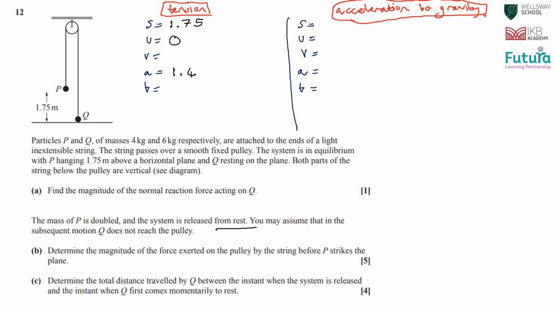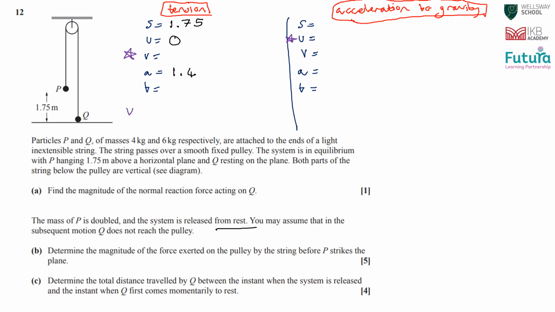We don't know the time taken, but we could work it out. The thing we really need to find, though, is the end velocity just here, because the end velocity of the first part of the journey will be the start velocity for the second part of the journey. So that's what we're going to find now.